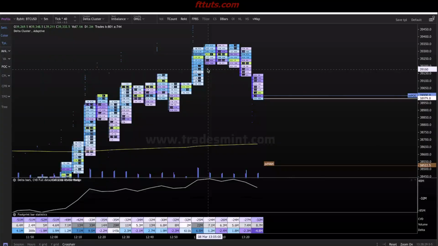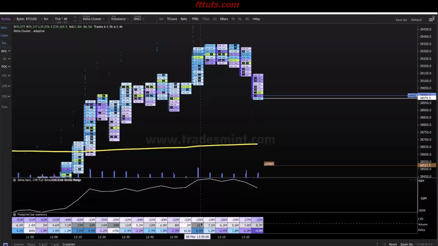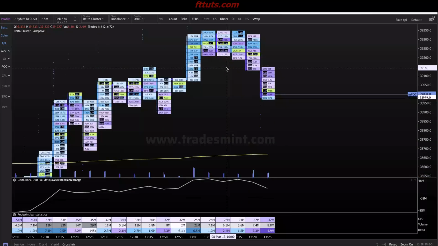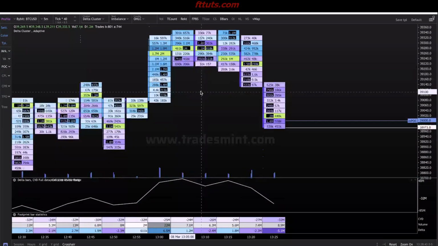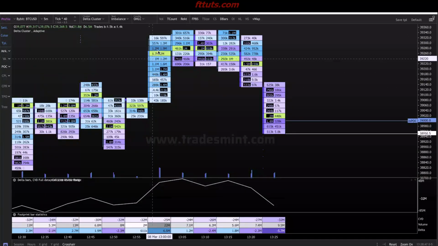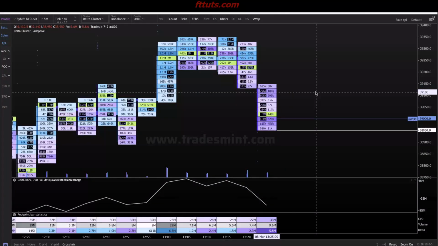We can see that we have this candle right here with 22 million volume, 6.5 million positive delta on a 5-minute candle. And then immediately once price starts to come down here, we have millions of trapped longs right in here. And so we could enter the short.